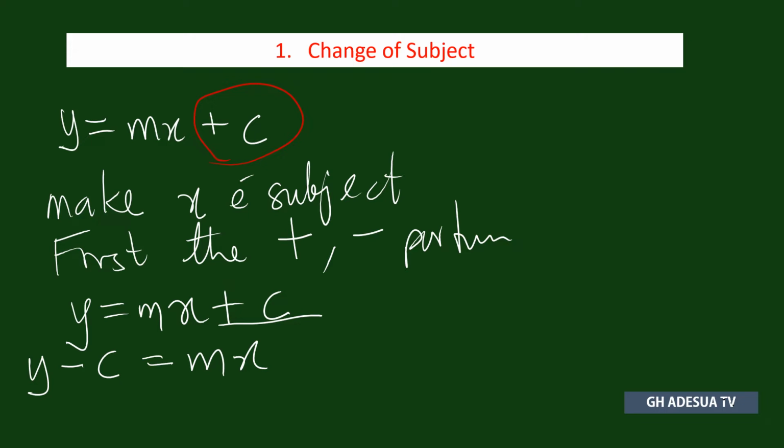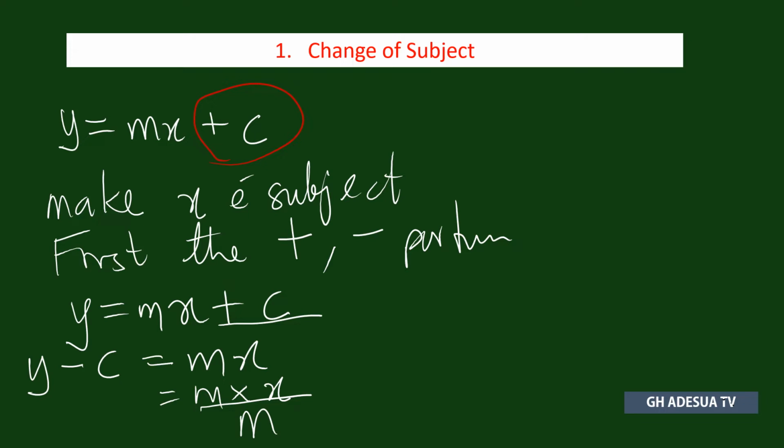Whenever you see mx, see it as m times x. I told you earlier that multiplication and division go together. That means that to split m and x, you would need to divide. Because you want to let x stand alone, you divide by m.